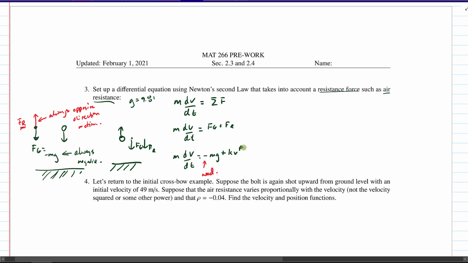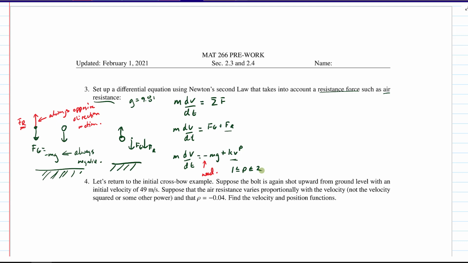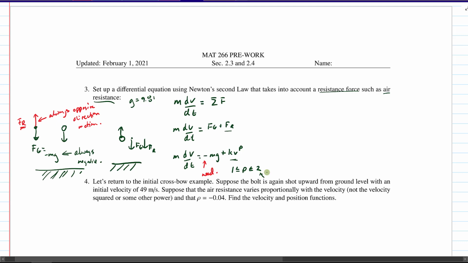So the way we think about our resistance force is it's always some constant of proportionality times a power of v. And what is that power of v? Well, that p-value could be anything between 1 and 2. When Newton imposed certain conditions and made certain assumptions, he was able to derive that the air resistance force was proportional to the square of the object's velocity.